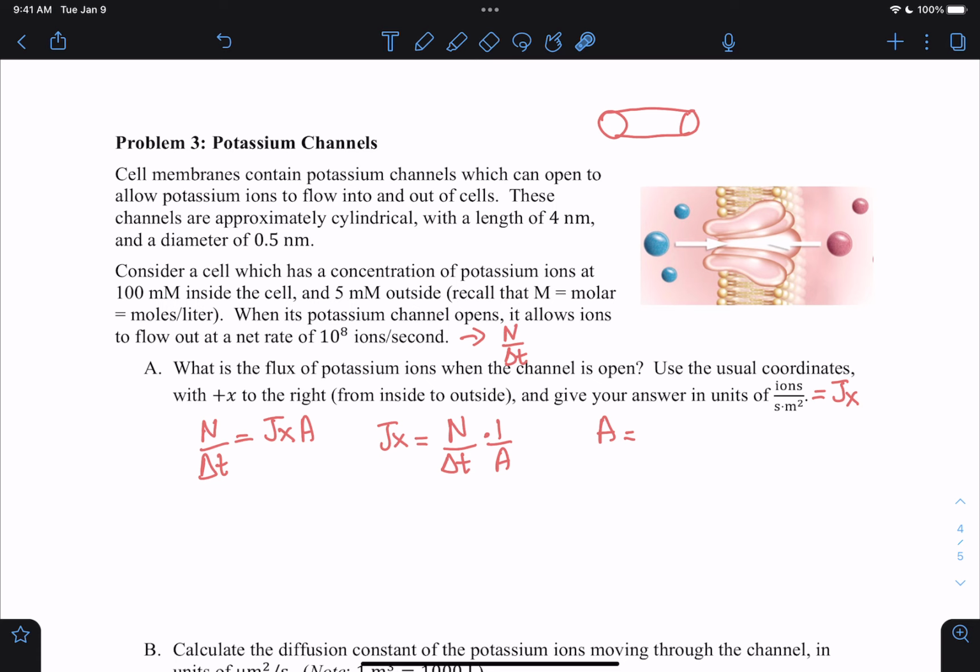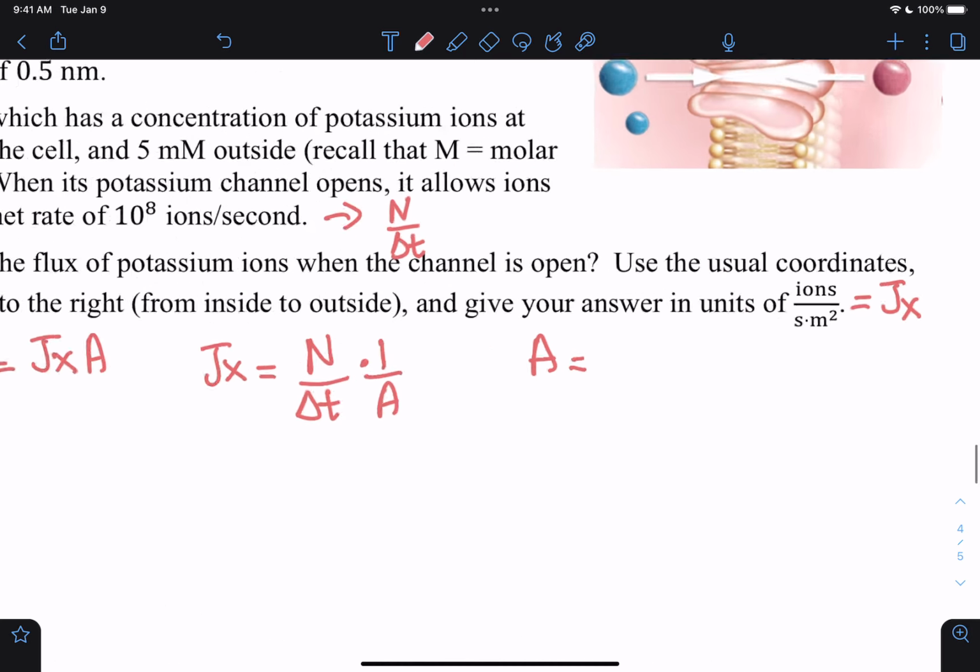When we're looking at flux, it's just the cross-sectional area. Just the entrance, just the door, just the gateway, not the mansion that's behind it, not the driveway. How many ions per second are moving through just this gateway right here?